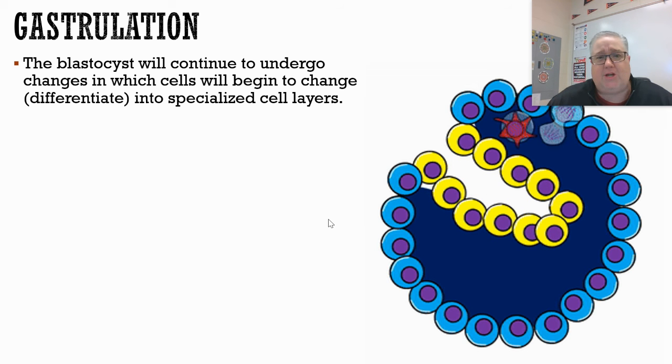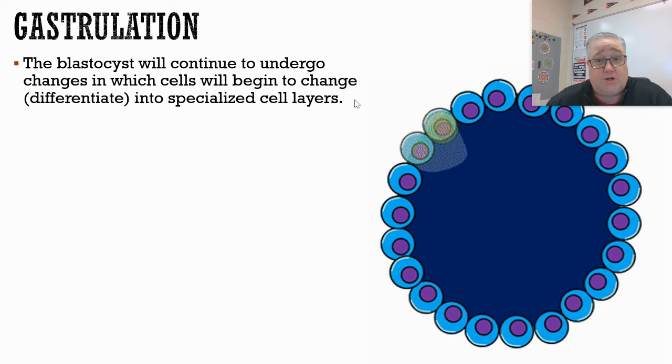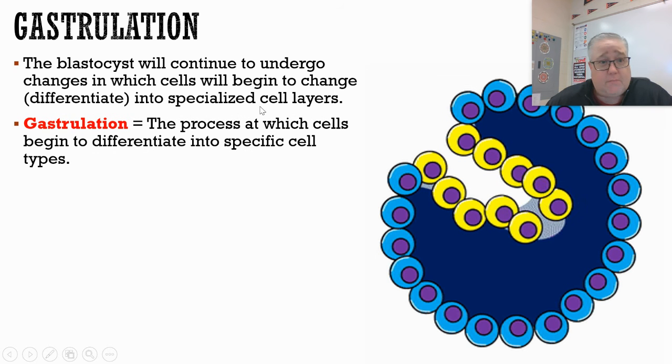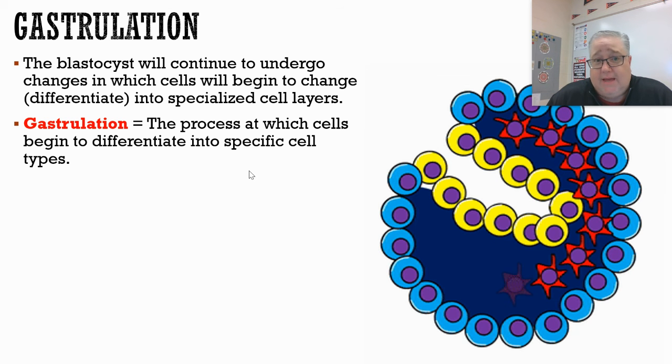With the term gastrulation, what's happening here is the blastocyst is starting to go through these changes. These cells are not only starting to change, but they're starting to migrate, to move to different areas. If we had to come up with a definition, it's the process by which cells begin to differentiate into specific cell types.